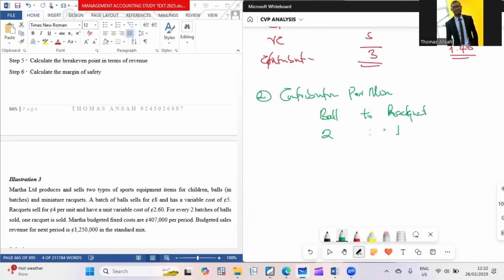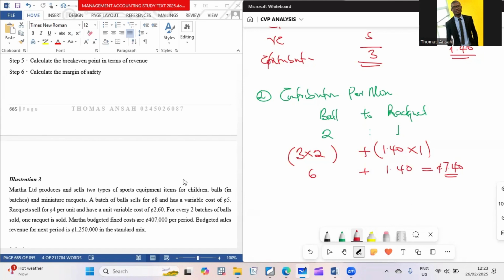So in terms of contribution per mix, it will be 3/2, all right? Then you have this one to be 1.4/1. So that is the weighted contribution. Here will give me 6, and here will give me 1.4. So the contribution as per the mix is 7.4. All right, so 7.40. That is how you find your contribution per mix.